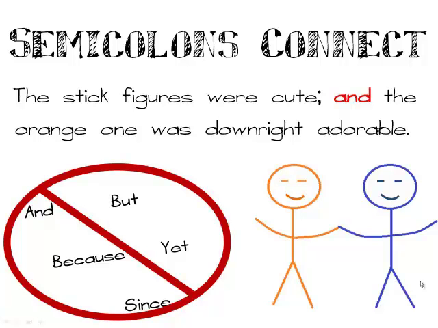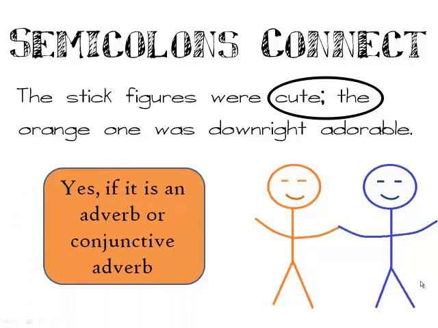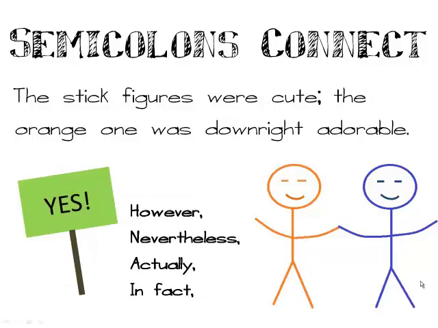However, what you can use are adverbs or conjunctive adverbs. And the difference between these and the subordinating or coordinating conjunctions is that you can actually take them out and separate them from the sentence. And you do this with an extra comma. So words like however, nevertheless, actually, and in fact are all separated from the rest of the sentence with an additional comma.